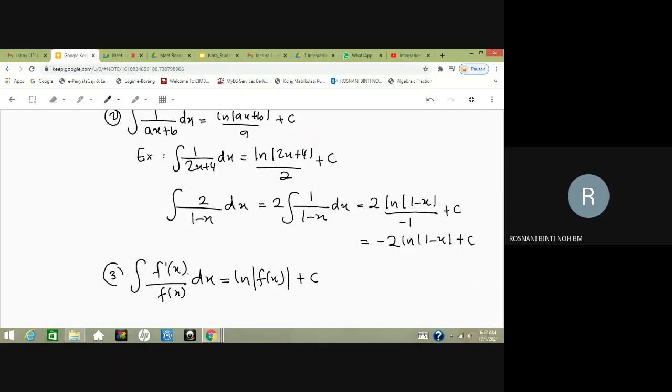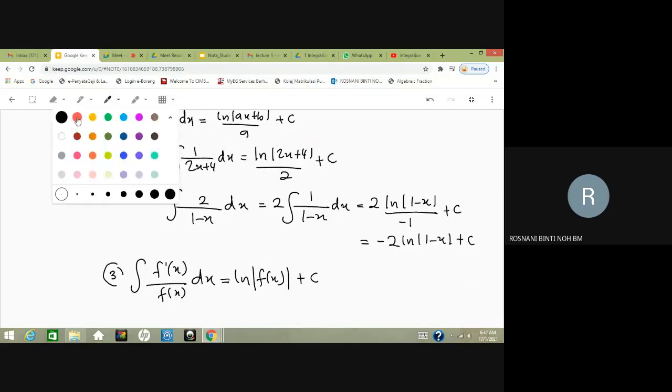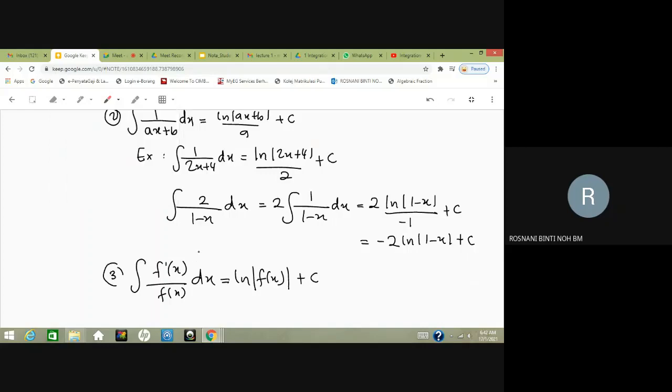So remember this form where your denominator is fx and your numerator is f prime x, where your numerator is the derivative of the denominator. Okay, so let's see an example.